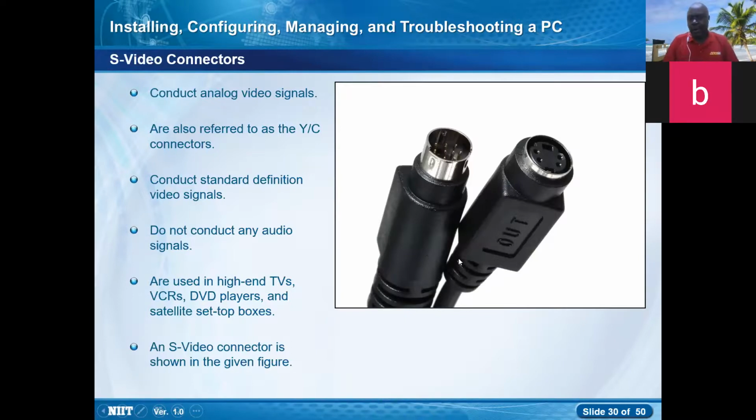But another old connector that you may come across, for those of you who are a bit older or your parents have kept some old household appliances, you may have seen this type of connector on a VCR, video cassette recorder.